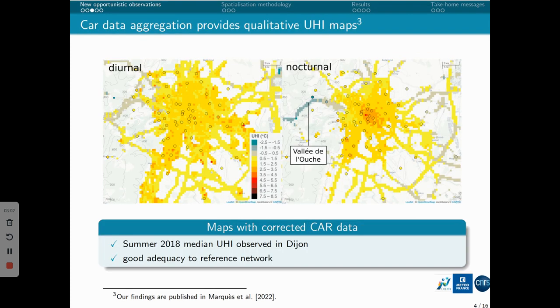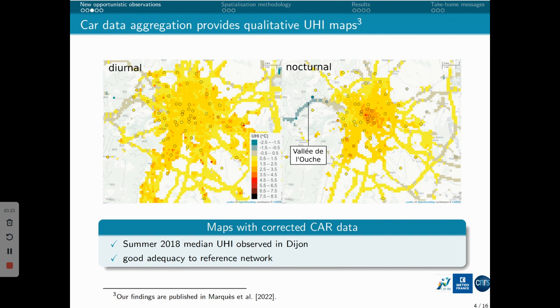So this is an example of application for the city of Dijon. This is a medium-sized city. I will talk more about it later on. But during the day, we see that there is not much urban heat island, so it's a pretty homogeneous temperature, while during the night you have a 2 degree urban heat island.